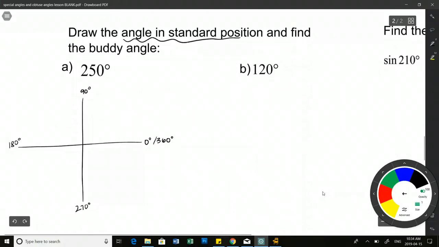Then of course we want to start at 0 and measure 250. So 250 should be just before 270. We're just approximating here. It doesn't have to be perfect, but I know that this angle measurement should be equal to 250.